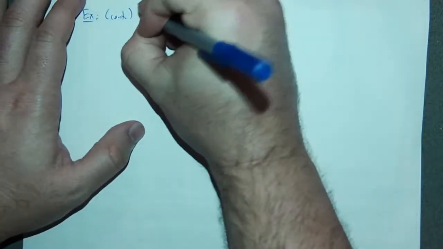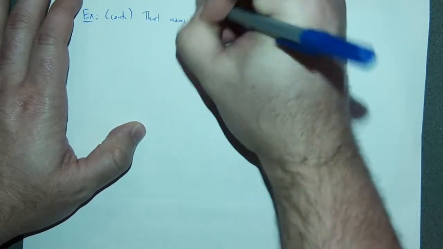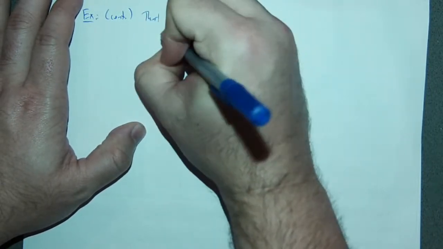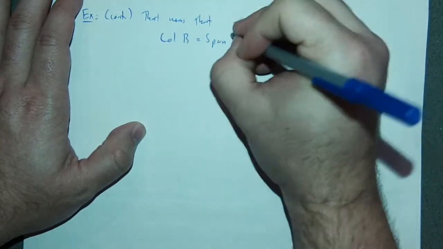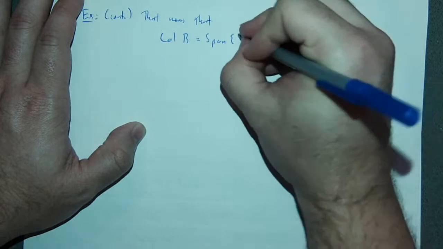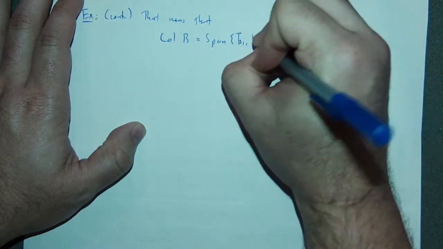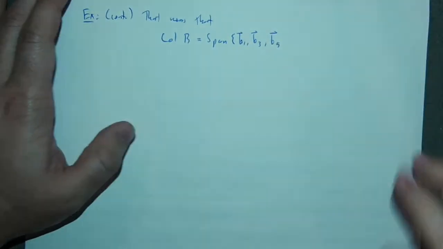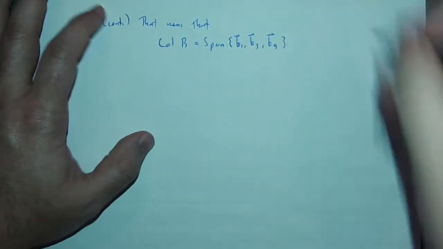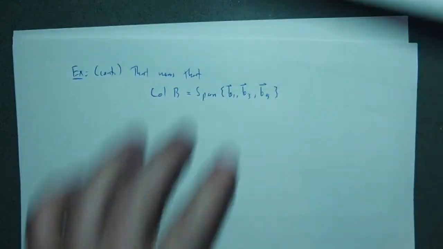Okay, so that means that the column space of B is actually spanned by B1, B3, and B5. Okay. But let's look at B1, B3, and B5.